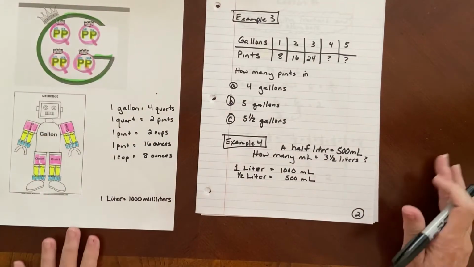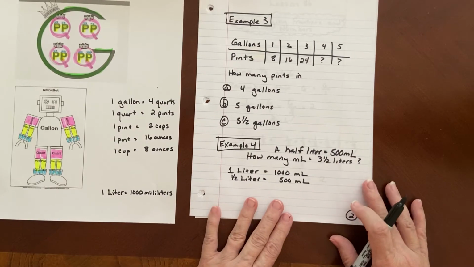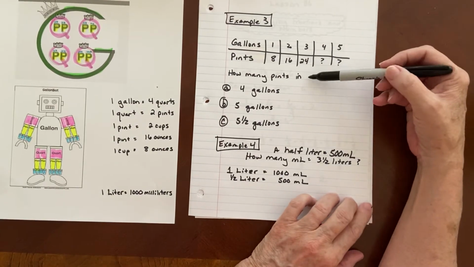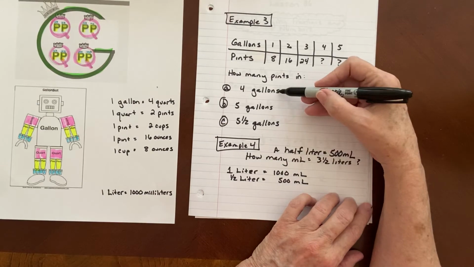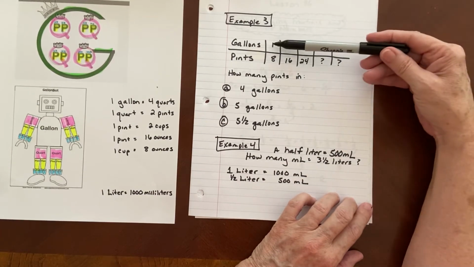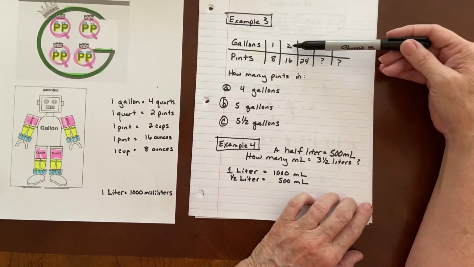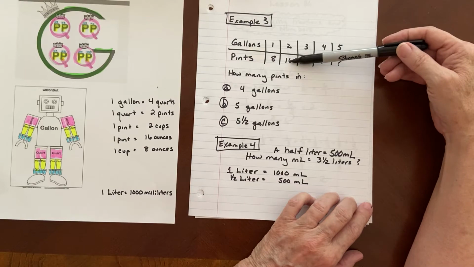All right, example 3 says, in the table below, we see the number of pints in 1 gallon, 2 gallons, and 3 gallons. Okay, this one's a little bit more interesting. How many pints are in 4 gallons? Okay, so let's look for our patterns. How do I get from 1 to 8? I multiply by 8. How do I get from 2 to 16? I multiply by 8.